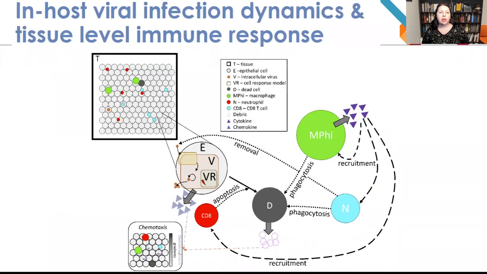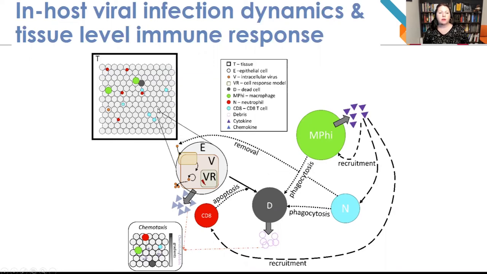So we're looking at in-host viral infection dynamics and the tissue level immune responses and other sorts of tissue damage and healing mechanisms. And so this conceptual framework is the epithelial layers of the lung. And so we call it T for tissue. So the circles represent epithelial cells.